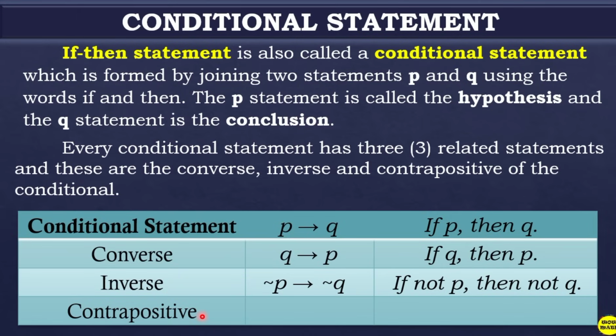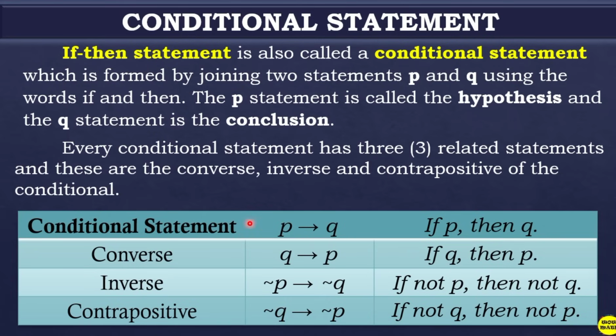Next, contrapositive, this is where we are interchanging the inverse. So, kung ito yung inverse mo, babaliktarin lang natin sila. Inenegate mo yung dalawa. So, magiging, if not Q, then not P. Okay. Ito lang po ang tatandaan natin.